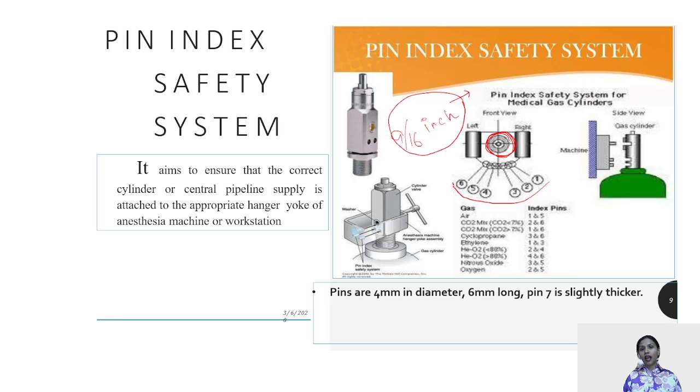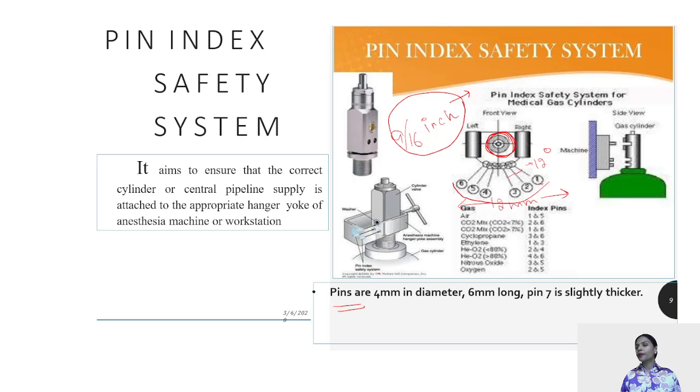This is the arc which is formed with the port at the center, and each hole is separated by an angle of 12 degrees, and the distance between the first pin and the sixth pin is around 12 millimeters. Each pin is around 4 mm in diameter and 6 mm long.